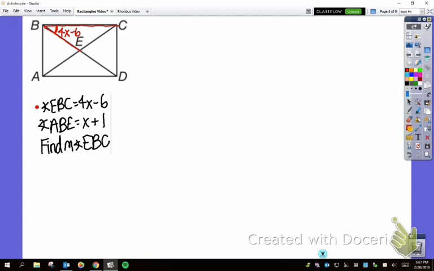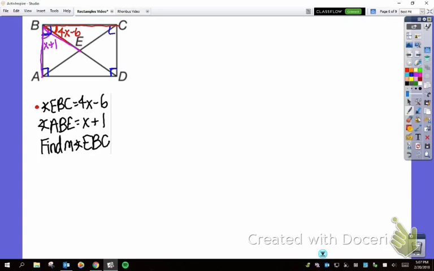Then we have angle ABE, means we go from A, our vertex is at B, and we end at E, which means this angle is x plus 1. Now remember that this is a rectangle, and our two angles right there at B have to make up that whole angle. And in a rectangle, we know that all of our corners are 90 degrees.